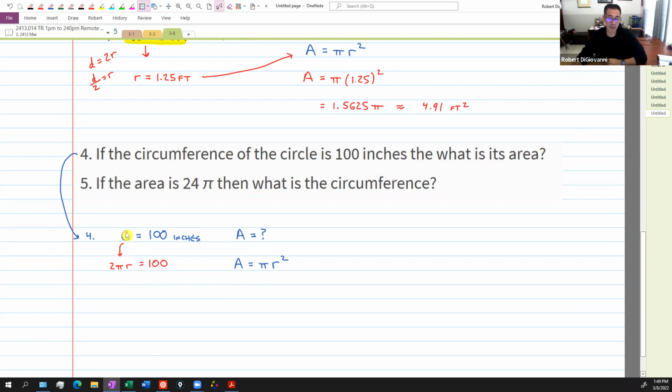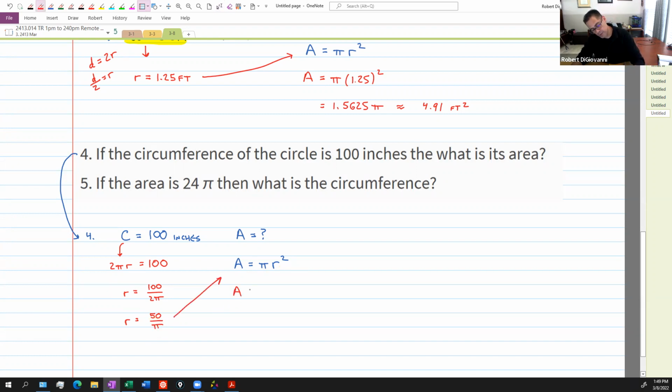So if I replace the circumference with 2 pi r and set it equal to 100, can't I solve this for r? I can just divide both sides by 2 pi, which means my radius is 50 over pi. And then I can replace that into this formula.